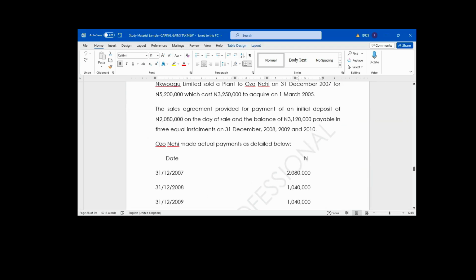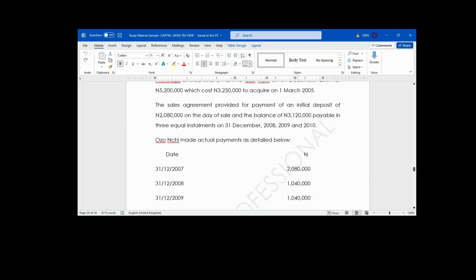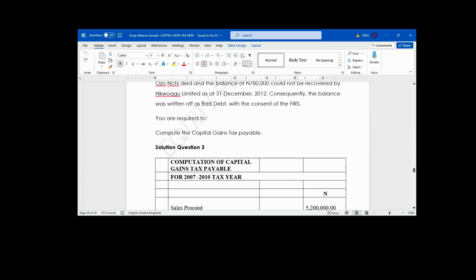So we want to calculate the capital gain tax that Nkwagu will pay on the gain he made from the asset he sold. 2,080,000 all over the total sales proceed, 5.2 million, times the total capital gain tax, 195,000.